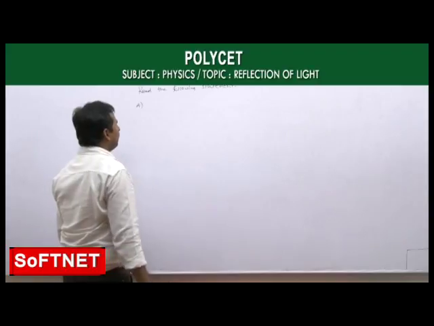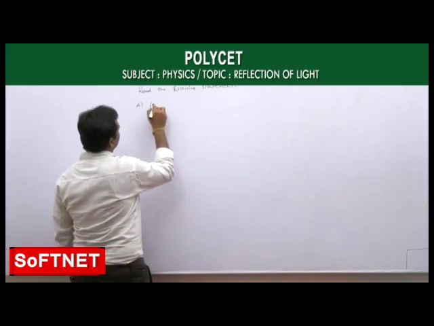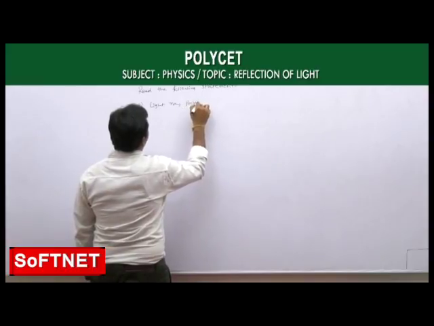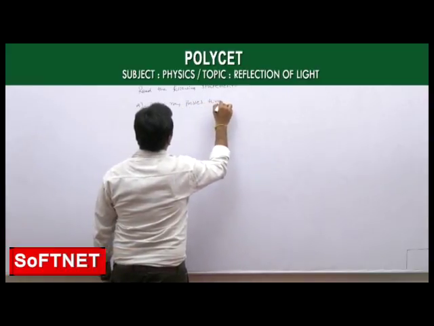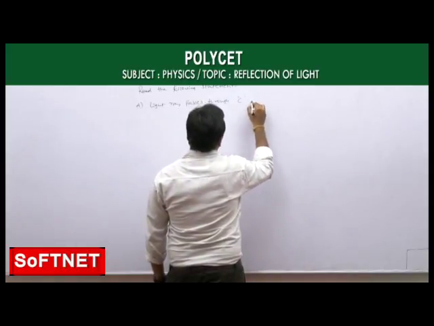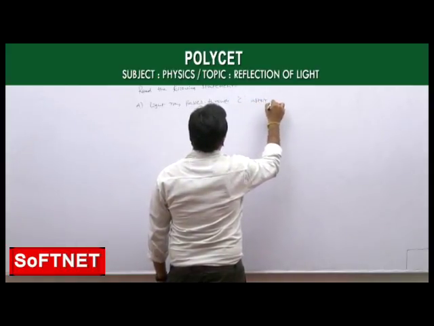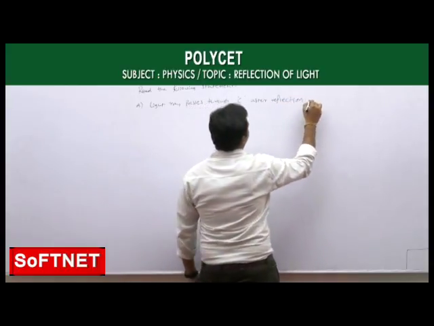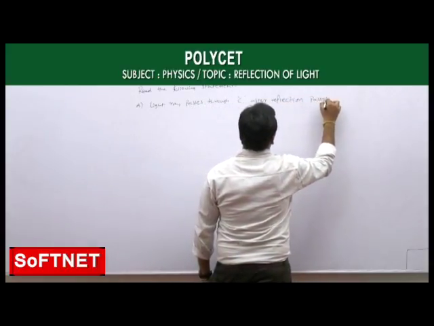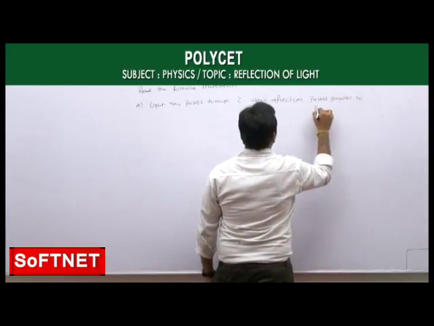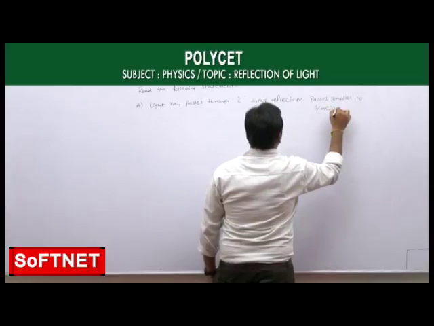Statement 1: a light ray passing through the center of curvature, after reflection, passes parallel to the principal axis.